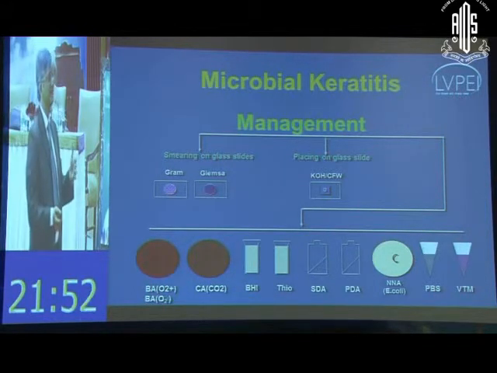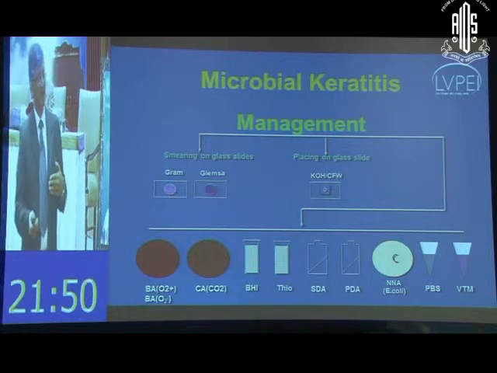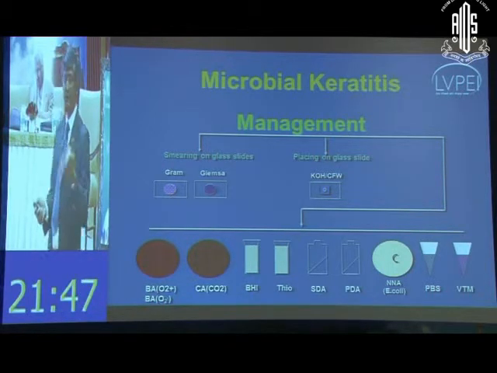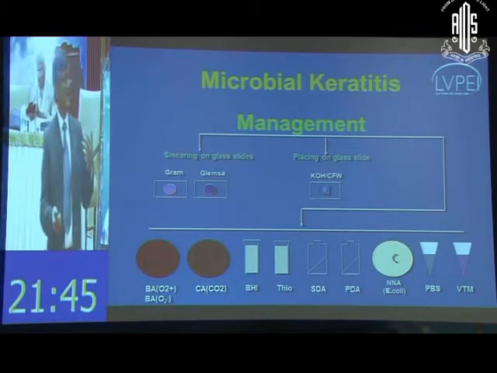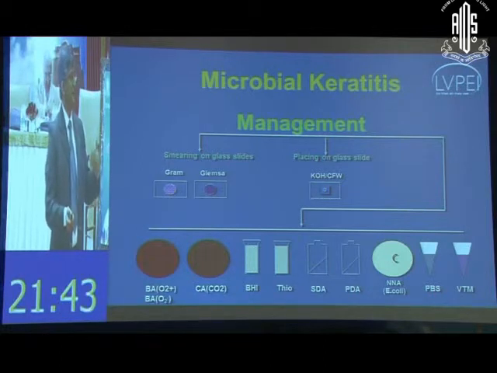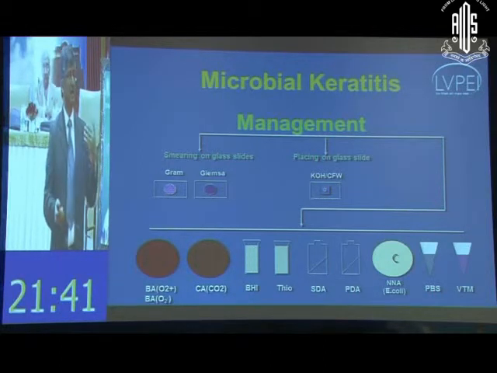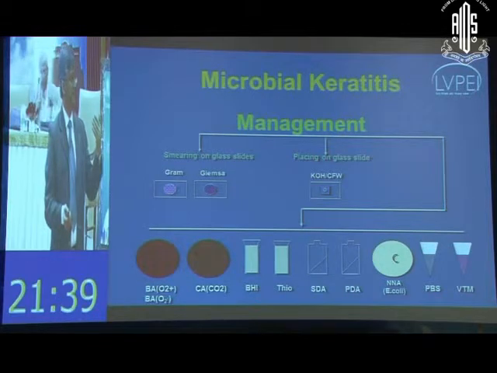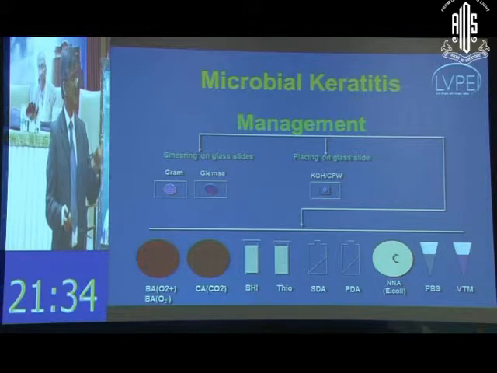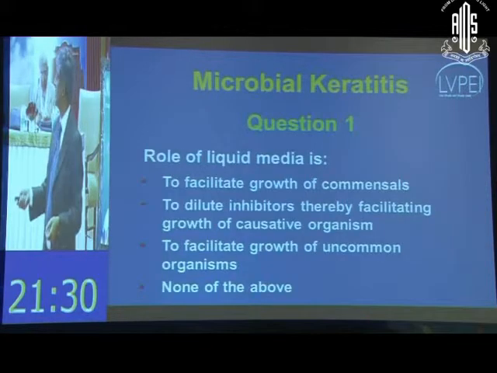In addition, we use liquid media and thioglycolate broth. And these liquid media have a specific function. If you are working on, say, PCR-based diagnosis, you can take other suspensions or the corneal scraping for PCR workup.